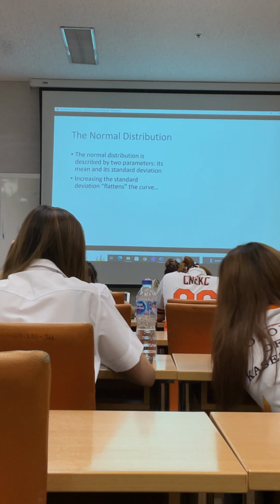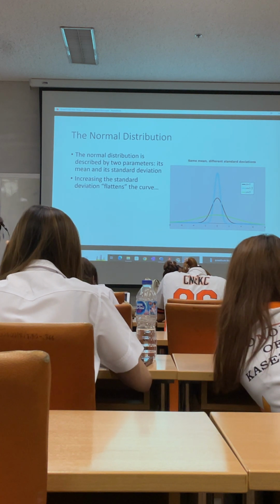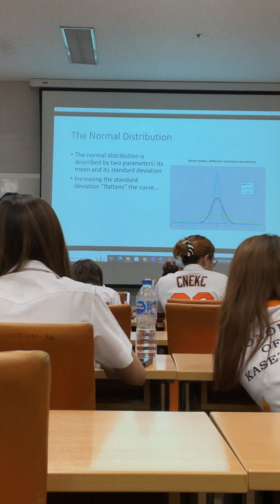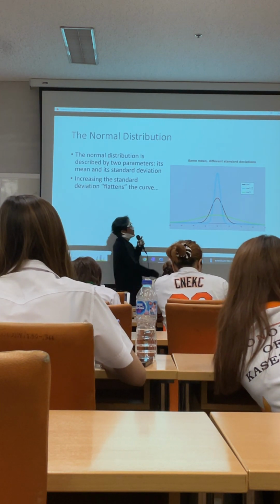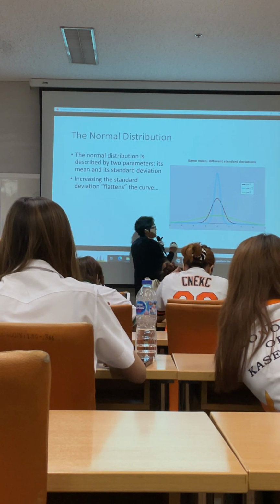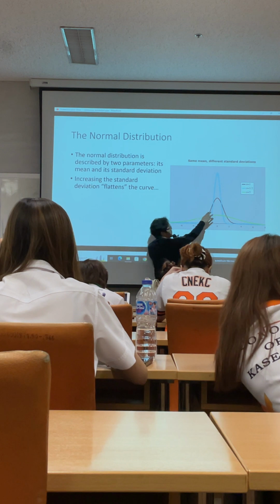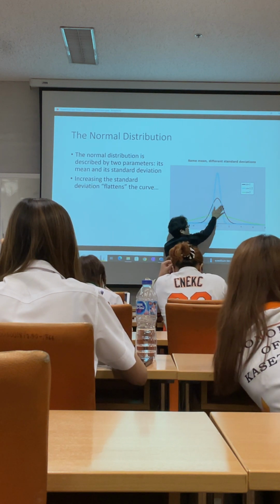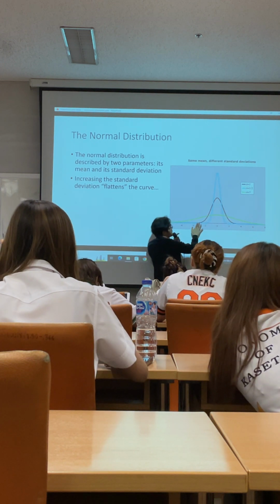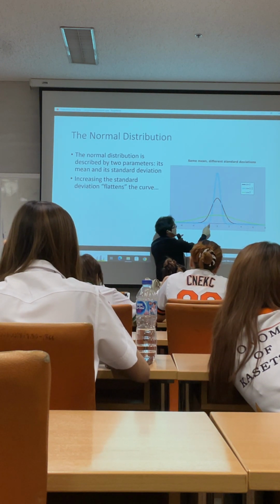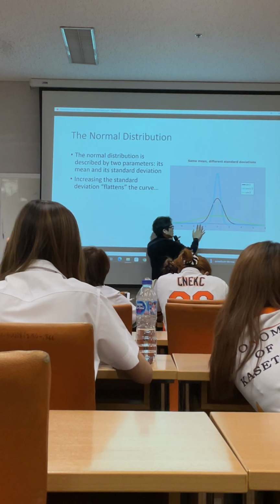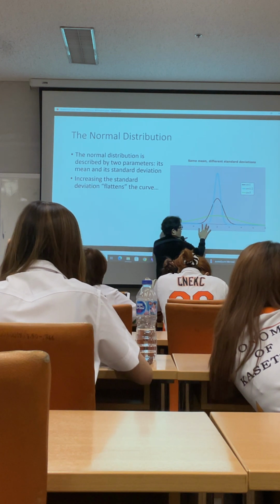Okay. What about the variance or the standard deviation? This tells you how flat the curve is, or how much the values of our distribution vary. For the black line, this is when standard deviation is 1. The fact that we have this shape means that most of the values are moving around here, right?